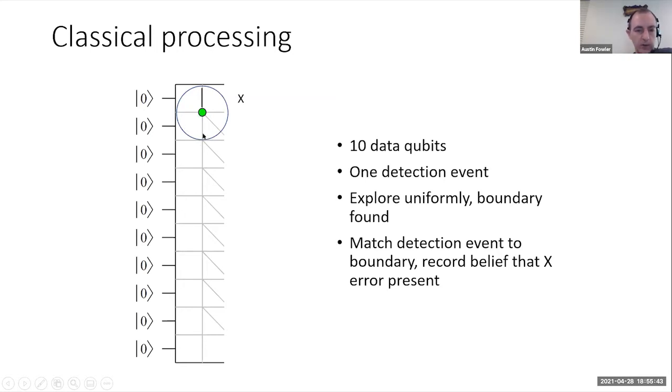So if there had been 2 detection events, sure, you would have matched them together and said that the error was on this data qubit. But because there's only one in isolation, the most likely explanation is this matched to the nearest boundary and a single correction on this data qubit. If you put a correction on this one, that would create detection events here, which are not present.